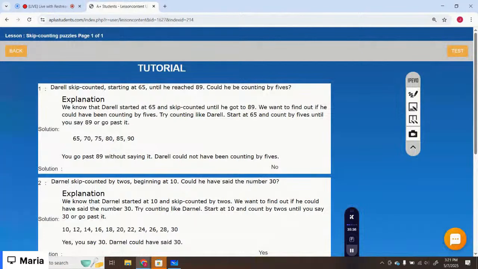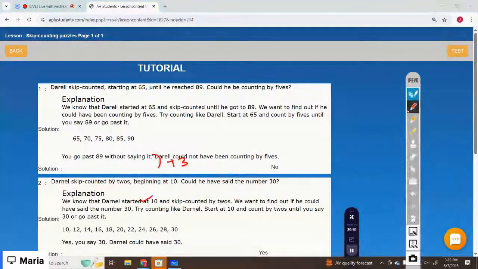Darren skip counted starting at 65 until he reached 89. Would he be counting by fives? So starting from 65, you skip count by 5.